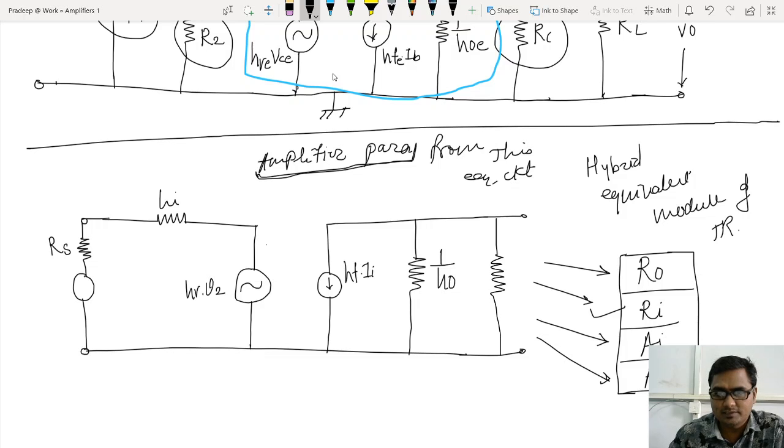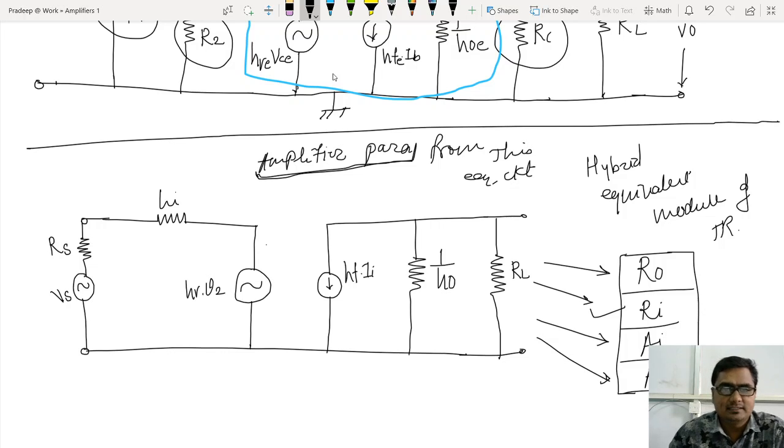Even though it is optional, I am connecting it because I want to treat this equivalent module of a transistor as an amplifier. So I apply the input signal and take the output signal across the load. This is RL and this is the input voltage, let me call it Vs. I am taking the output signal across the load resistor RL.